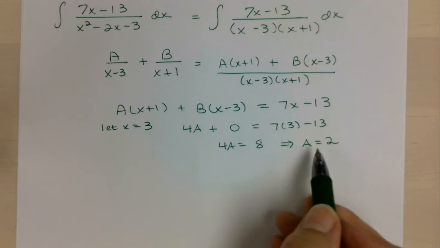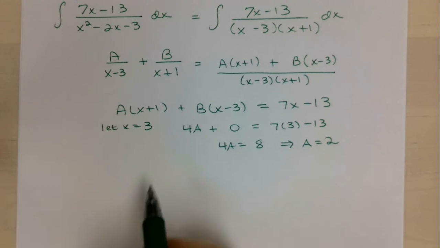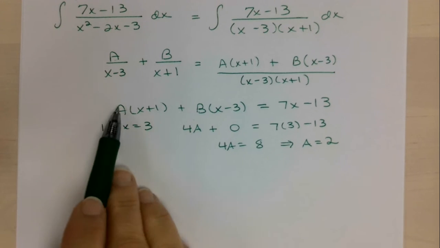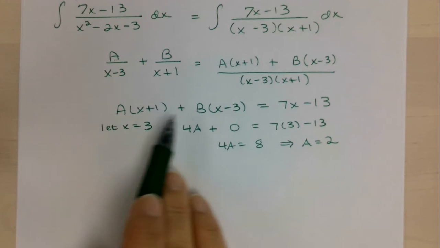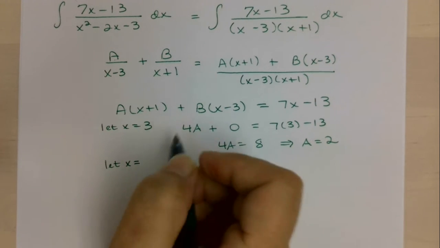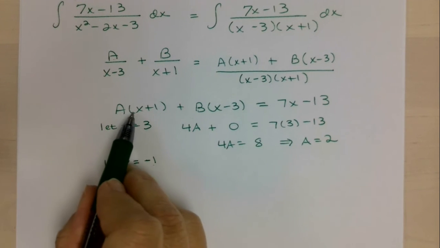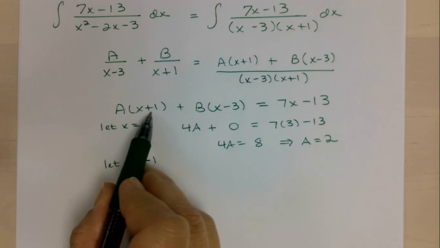So now I want to go back. I know that my A value is 2. I want to pick another convenient x that will zero out the A term so that I can solve for B. So let's let x equal negative 1. If x is negative 1, then negative 1 plus 1 is 0.